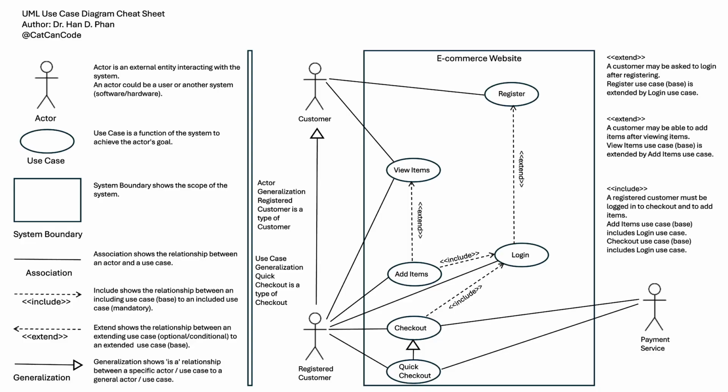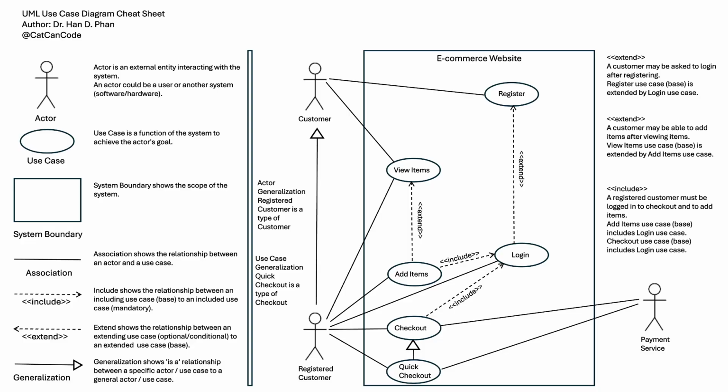So let's have a look at the use cases in our e-commerce website software. The customer can view items or register to the website, and I use the association relationship to indicate these two connections.